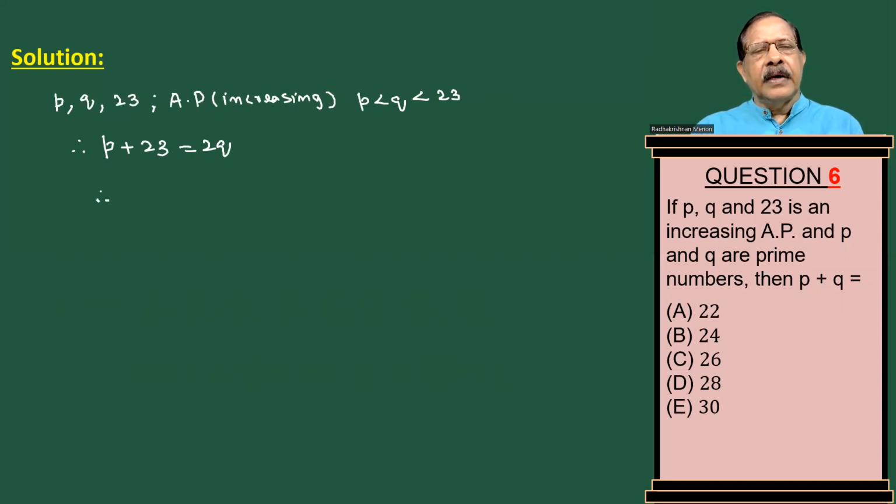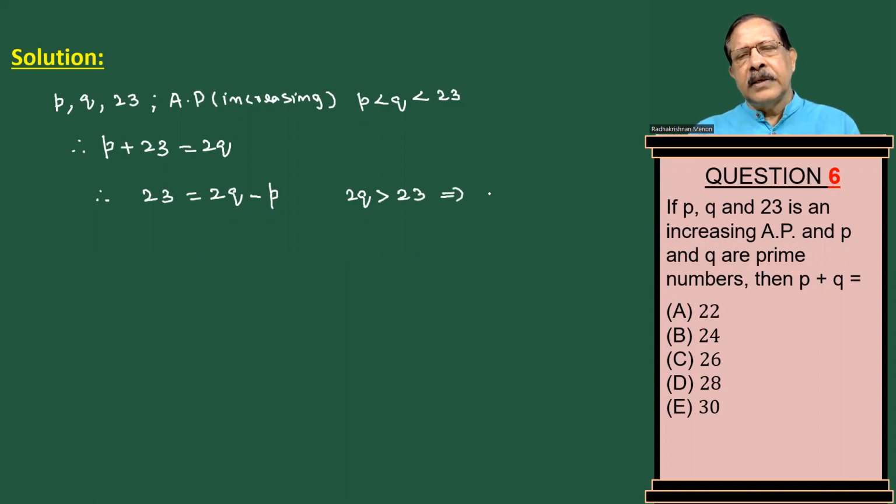Therefore, 23 is equal to 2q minus p. So 2q must be greater than 23, because 2q minus p is 23, which implies q is greater than 23 divided by 2, that is 11.5. p and q are prime numbers, that is also given.